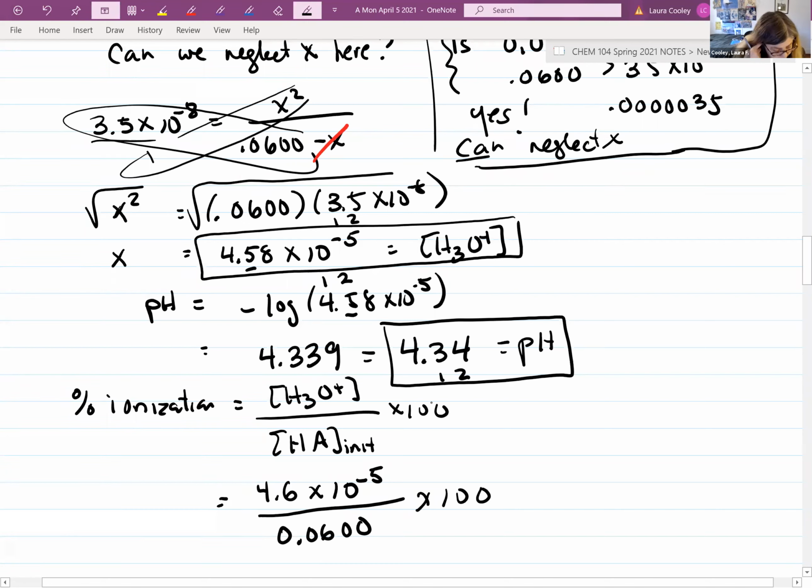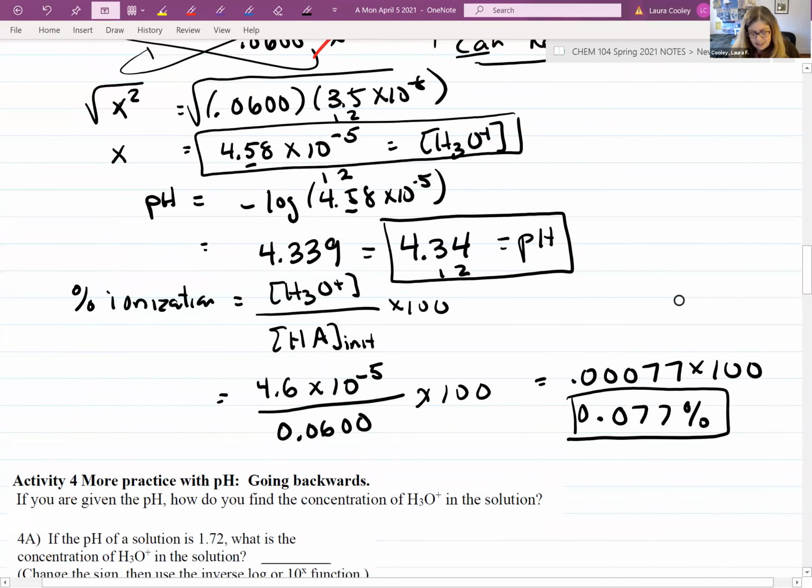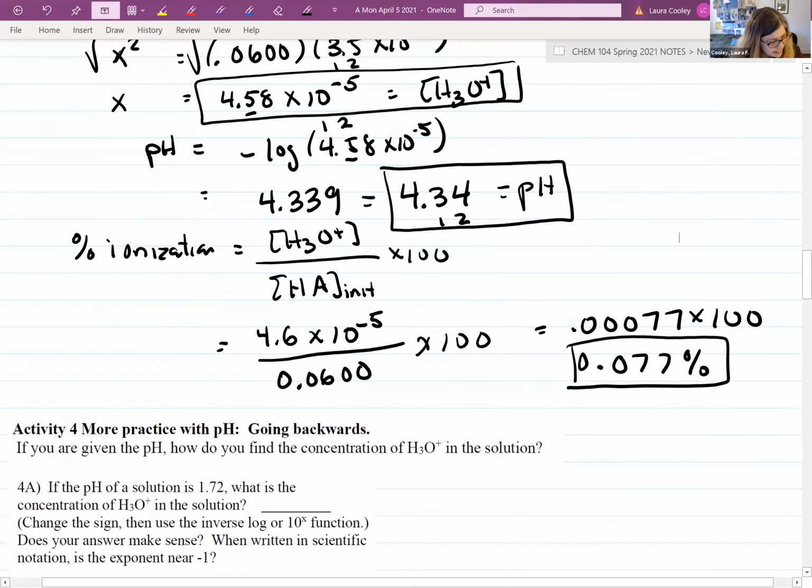And that's 0.00077. Oh, I didn't multiply by 100 yet. Now it's 0.077%. That's the answer. So you can see that weak acids hardly dissociate at all. Okay, so that's what we found here.